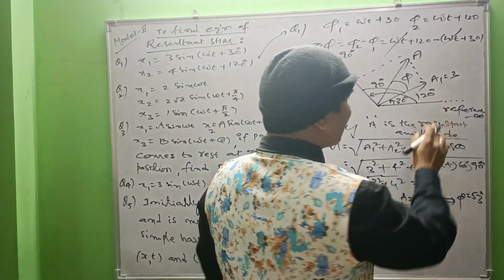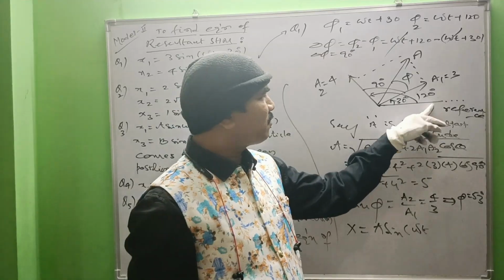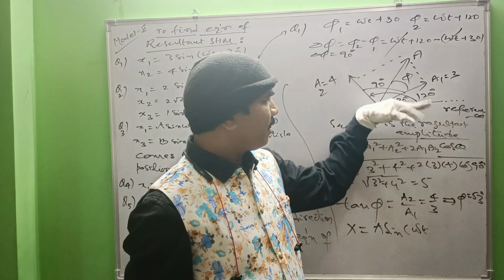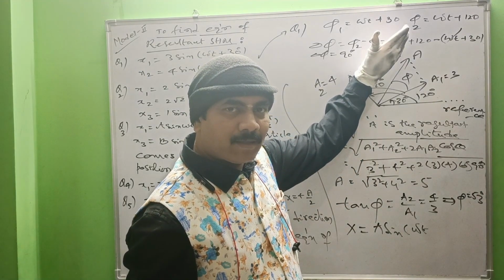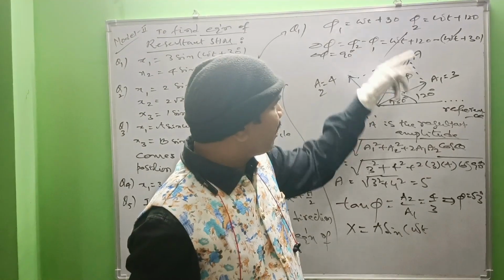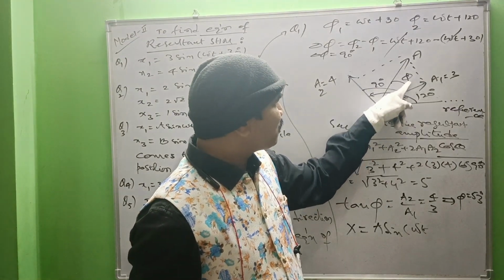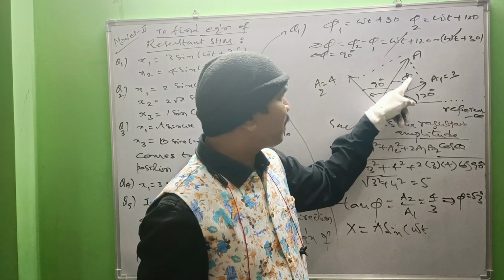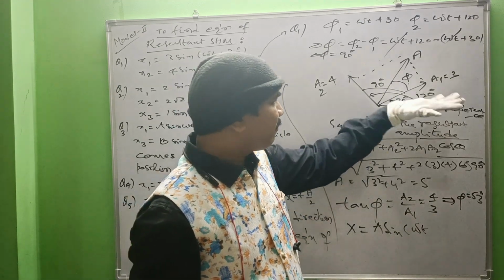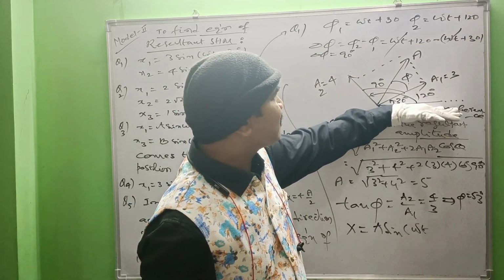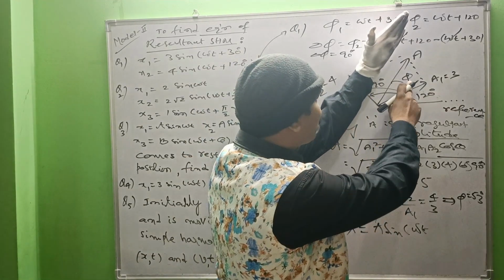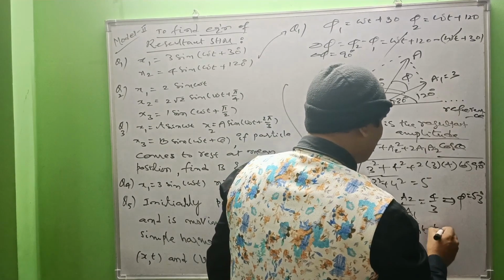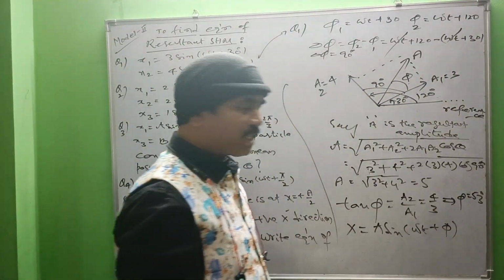See here, with respect to the reference axis, say the x axis, this amplitude of the resultant oscillation makes an angle 30 plus phi. See here, 30 plus phi, right? This is the reference axis. Now A, the resultant amplitude, makes an angle 30 plus phi. So omega t plus phi is the resultant expression.